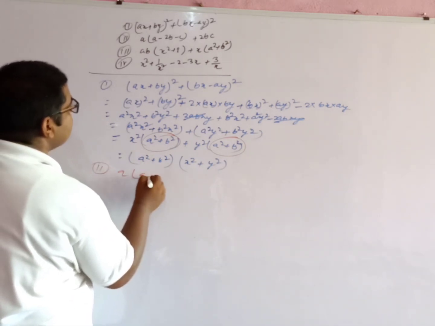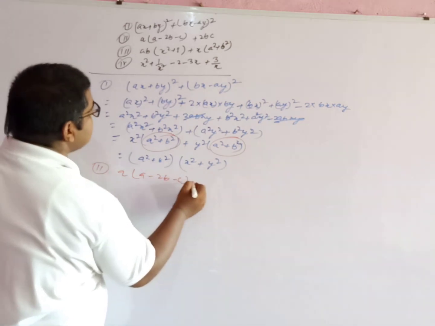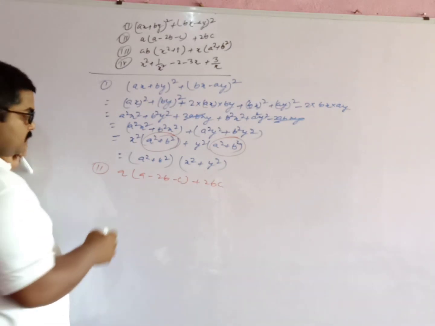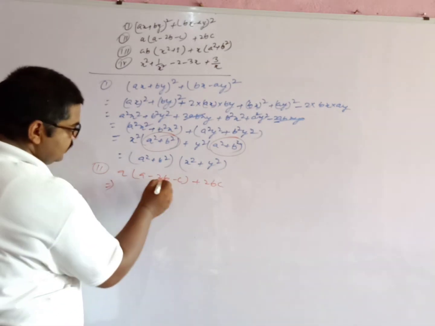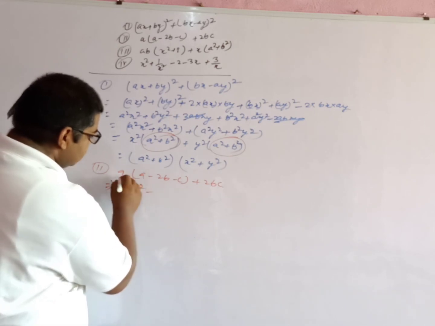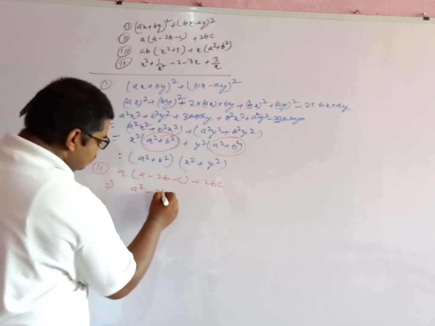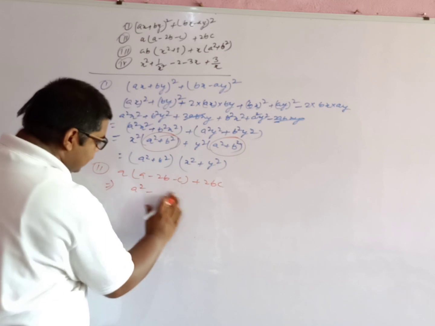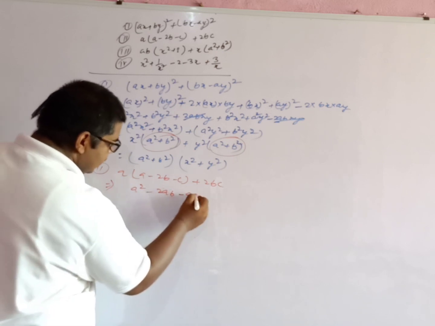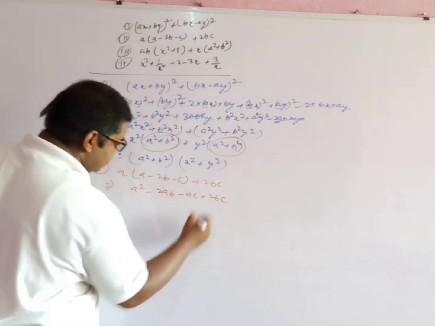a into a minus 2b minus c plus 2bc. To solve this question, at first you need to multiply: a into a, a square; a into 2b, 2ab you may write; and a into c, ac; plus 2bc.